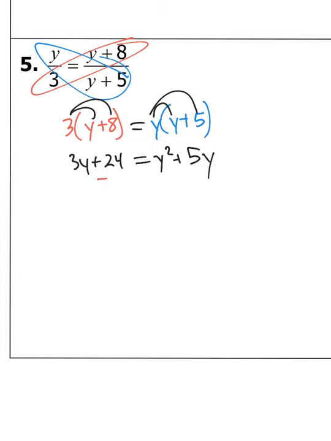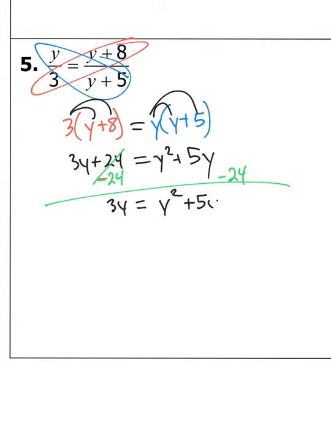Really the only difference between this problem and the last one is the order of things, and it's going to take a little longer. So I'd still have the 3y on this side of the equation. Now I get 5y minus 24. Yep, I'm going to subtract 3y on both sides.